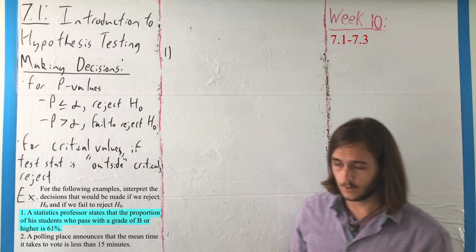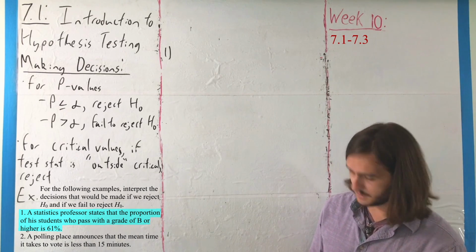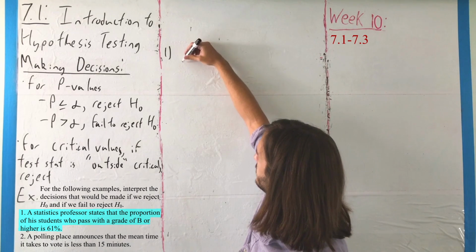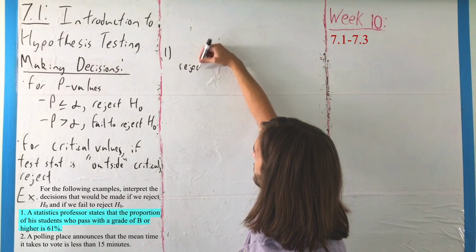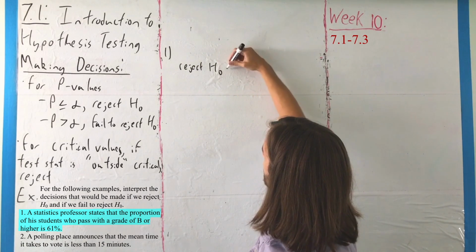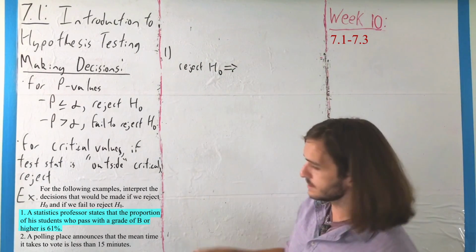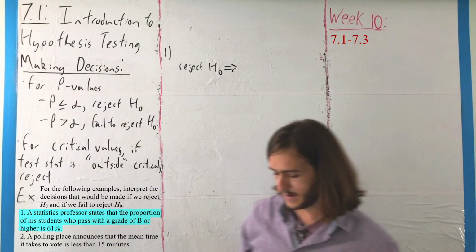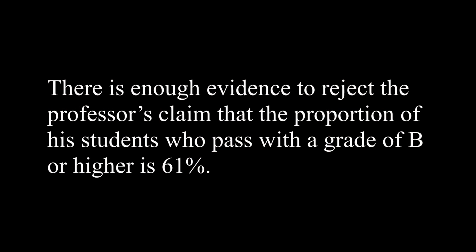So, if we reject H0, then we could say something to the effect of, there is enough evidence to reject the professor's claim that the proportion of his students who pass with a grade of B or higher is 61%.